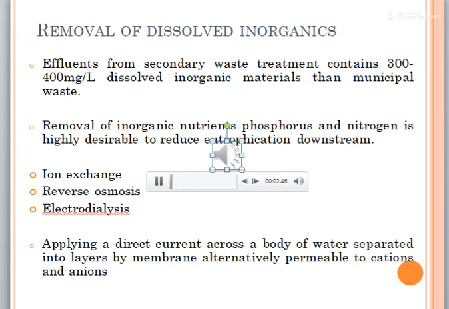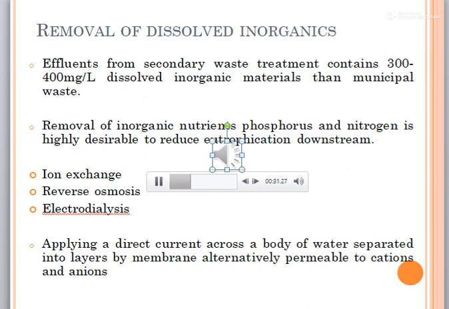In order for complete water recycling to be feasible, inorganic solute removal is essential. The effluent from secondary waste treatment contains 300 to 400 mg per liter more dissolved inorganic material than does the municipal water supply. 100% water recycling without removal of inorganics would cause accumulation of an intolerable level of dissolved material.